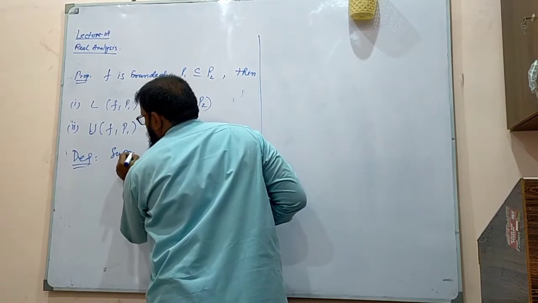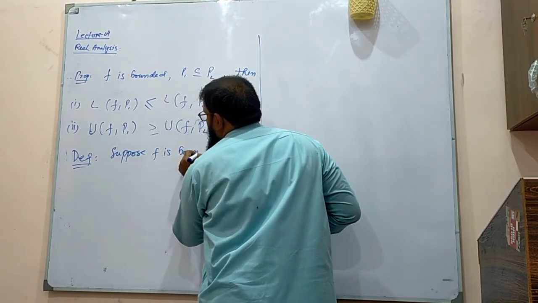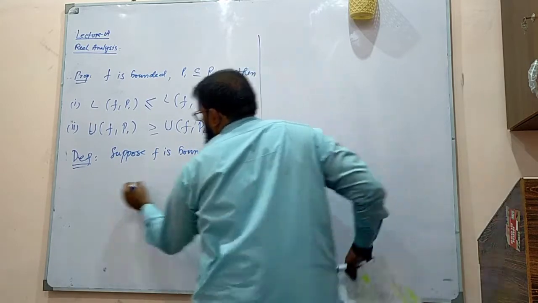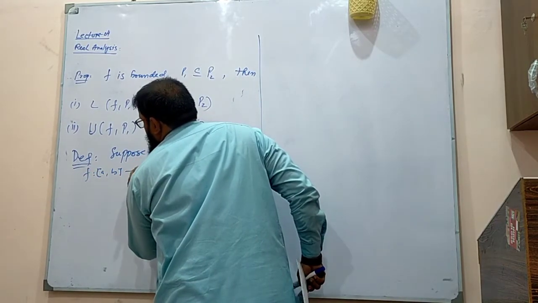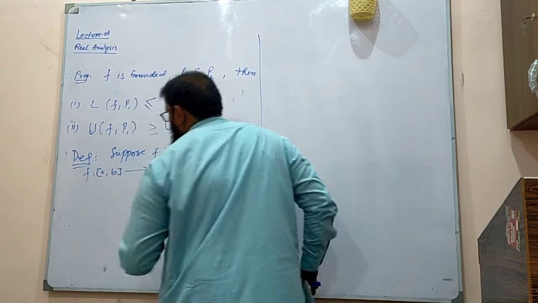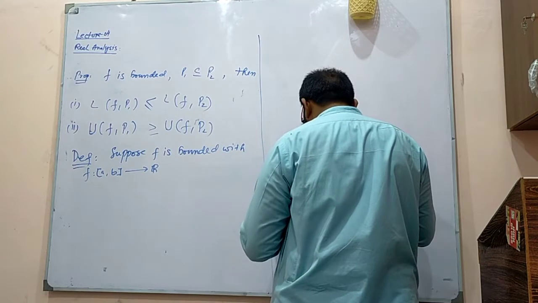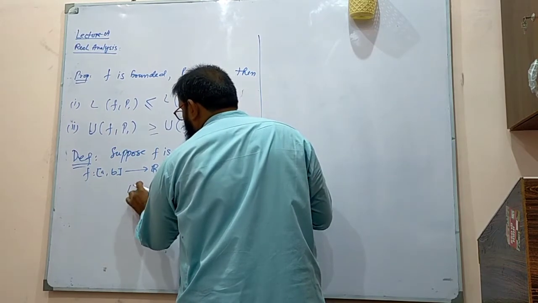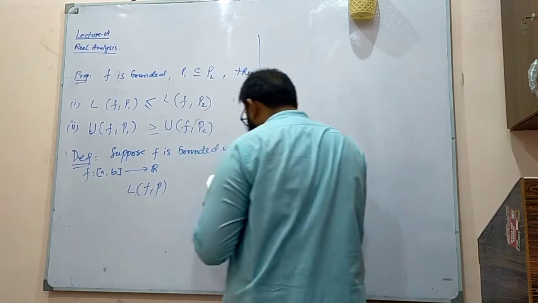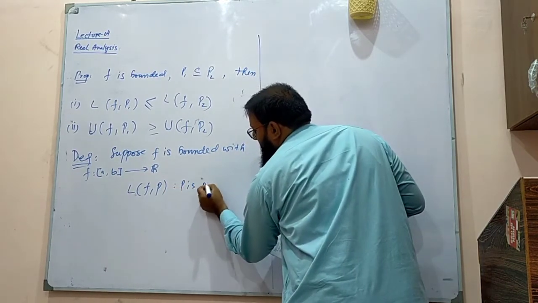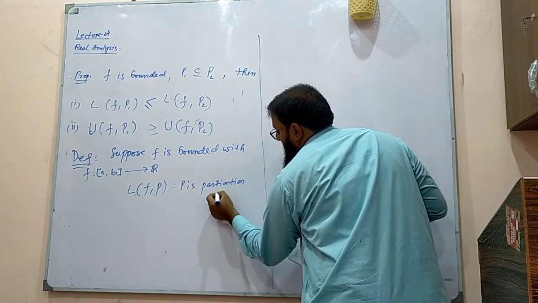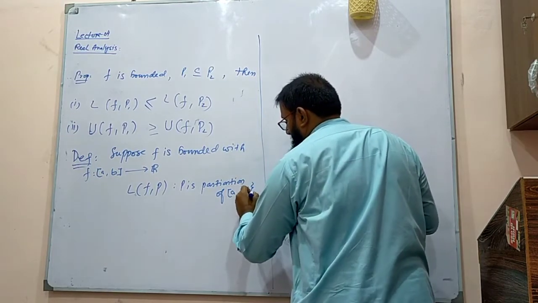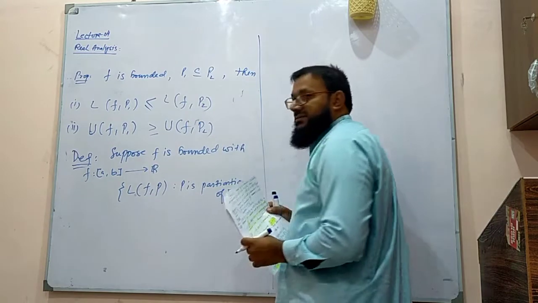So suppose f is bounded, with f going from the closed interval to the set of real numbers, and what we do, we take the lower sum of our function for a certain partition, where P is a partition of the interval [a, b].